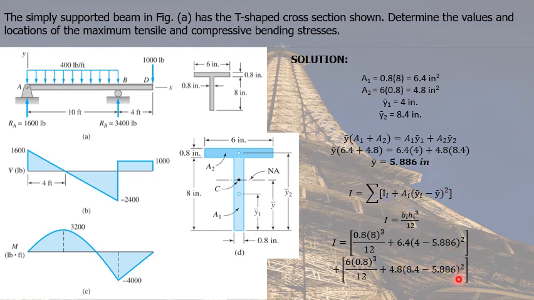We square this quantity. Now we're ready to solve for the moment of inertia of the whole cross-section about the neutral axis, which is equal to 87.49 inches raised to the 4th power.